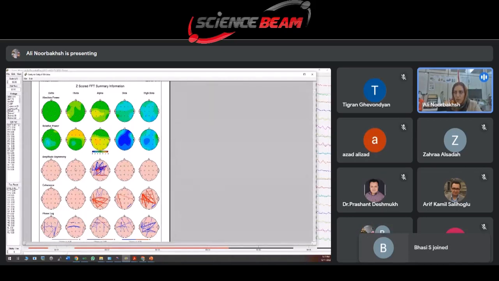In a normal person, it should be without any lines. Red lines mean increased asymmetry, and blue lines mean decreased asymmetry. Asymmetry is the connection of the brain and it's related to amplitude. But coherence is related to frequency band.